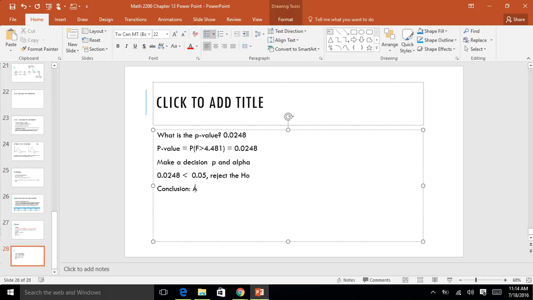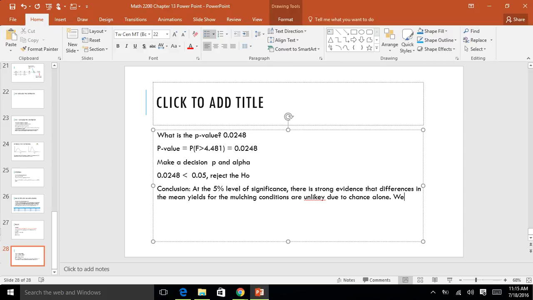So my conclusion is at the 5% level of significance, there is strong evidence that the differences in the means, the mean yields, because we're talking about yields, for the mulching conditions are unlikely due to chance alone.